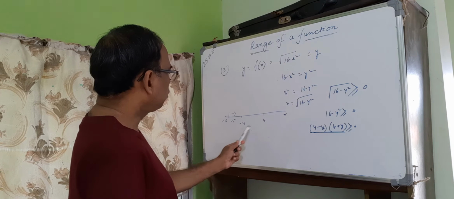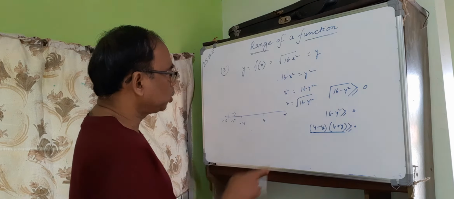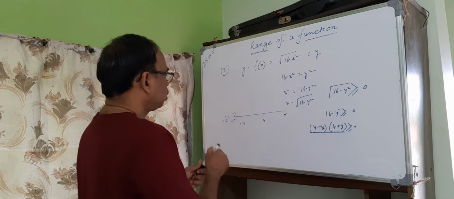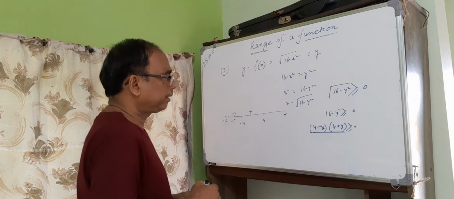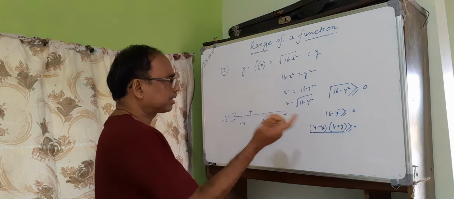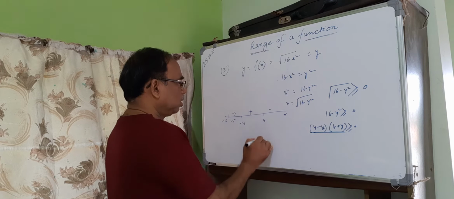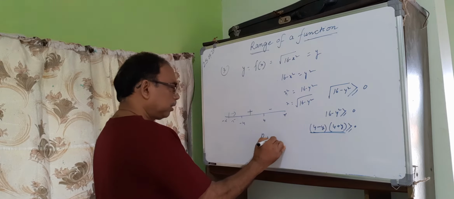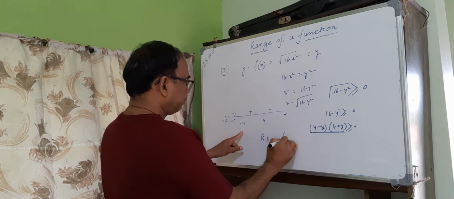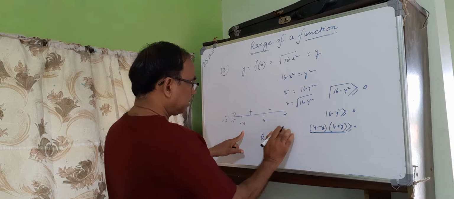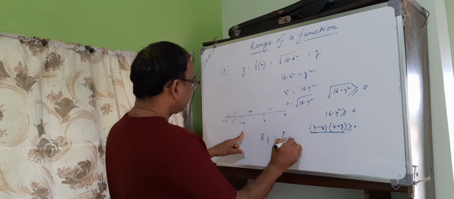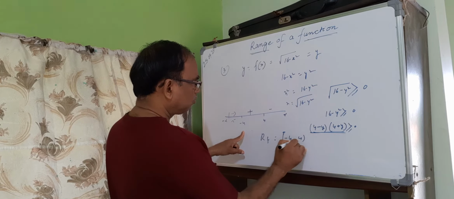Then minus 4 to 4, for the test take 0. This is positive, this is positive, so this will be positive. And 4 to infinity, take suppose 5. This is negative and this is positive, that is negative. So the range of the function should be, with third brackets, minus 4 to 4.